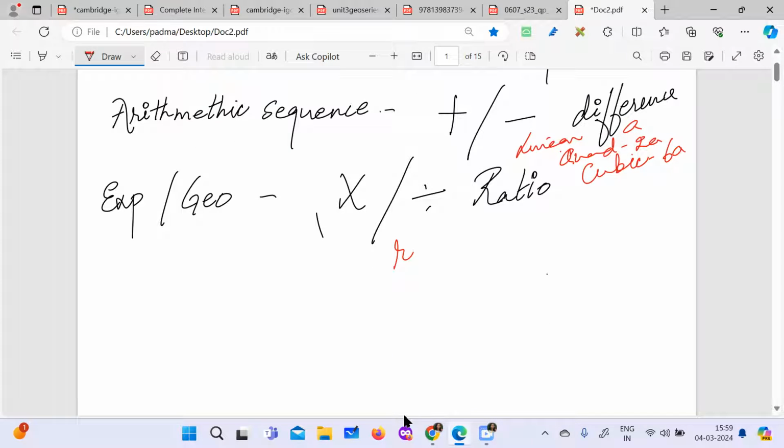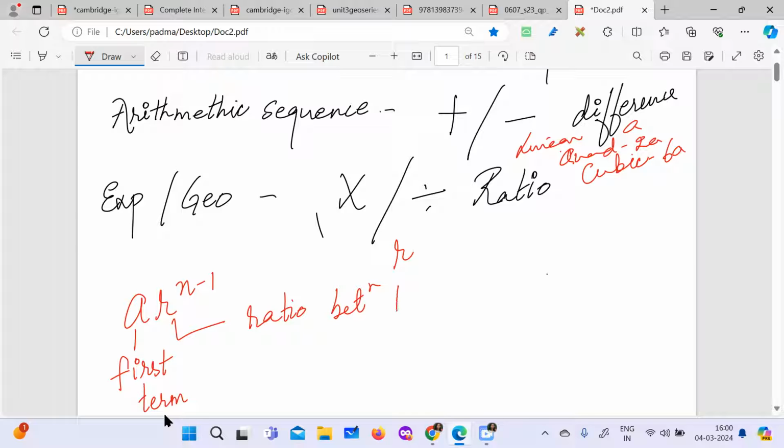So the general rule for finding the terms of a geometric sequence is ar to the power of n minus 1, where a is the first term of your sequence and r is the ratio between the terms.